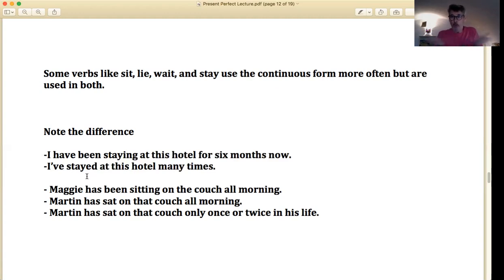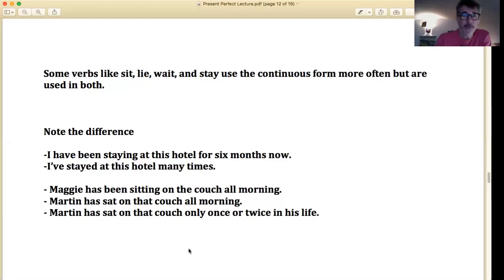It's still open. It's a possibility that I can stay at this hotel in the future. All right. I still travel to that town. But I'm not there right now. I'm not at that hotel right now. Okay. I could be, but I don't have to be.